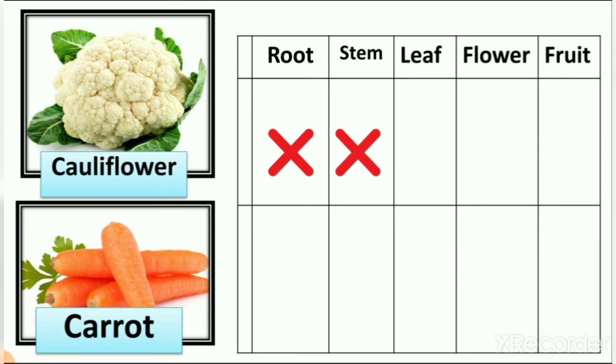Then next leaf. You can see here leaf. But cauliflower is covered with leaf. Right? So is cauliflower a leaf? No. So what do we do there? Wrong mark. Then flower. So it looks like a flower, right?